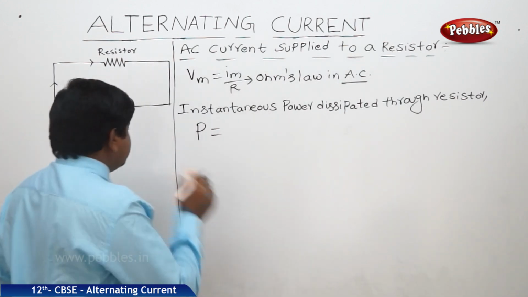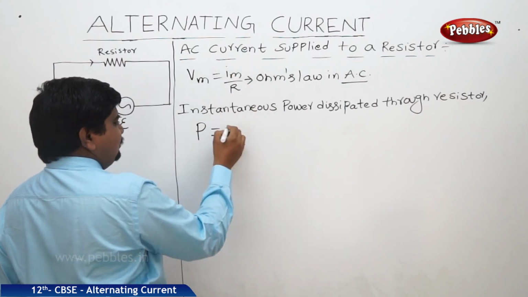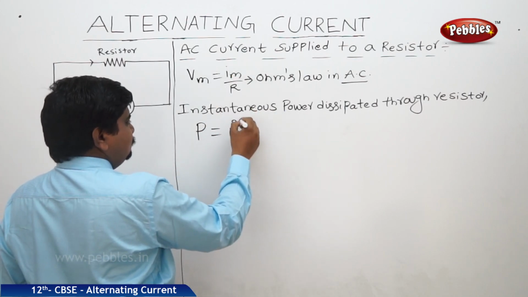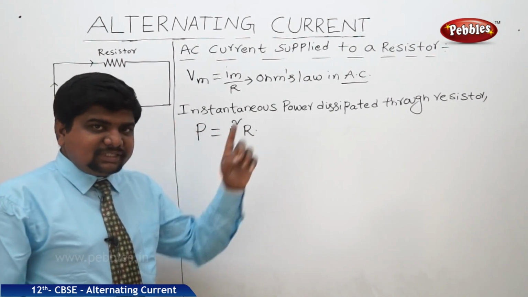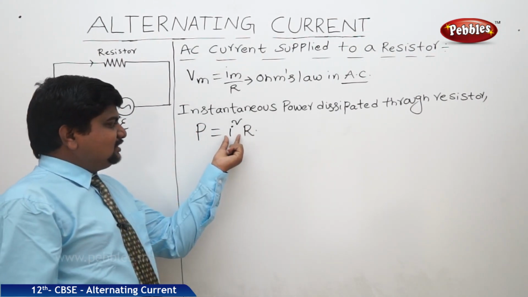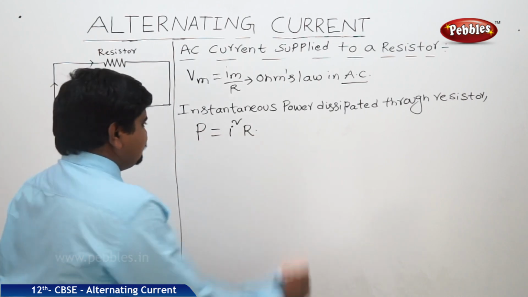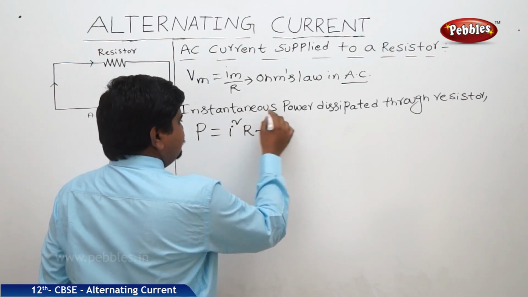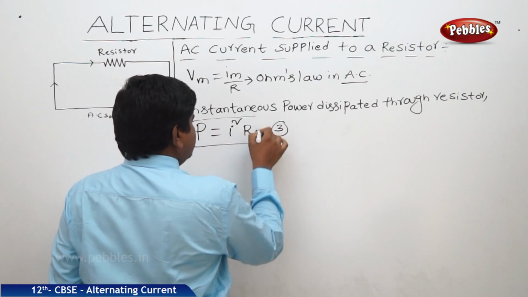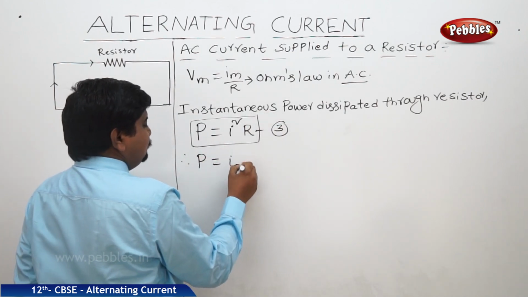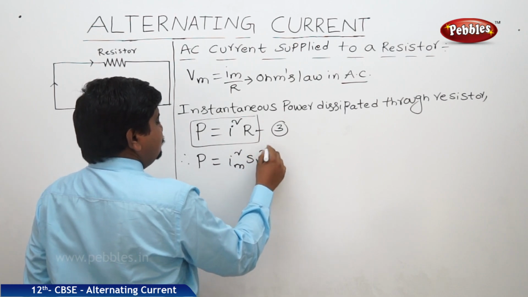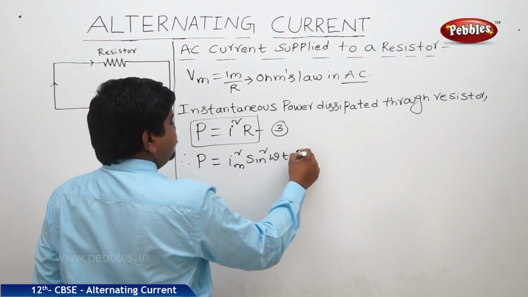I square R, because you are relating the I and R. We know that I is equal to Im sin omega t, and I am substituting this I value in this equation. Let us write this equation number 3. So therefore P is equal to Im square sin square omega t R.